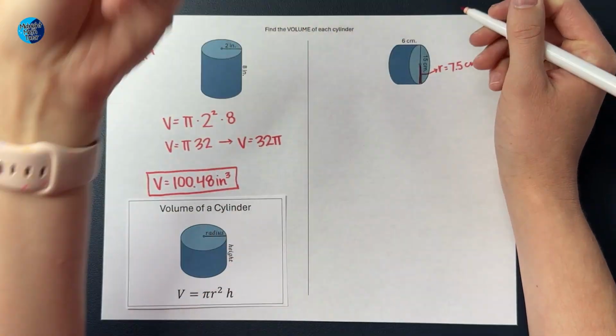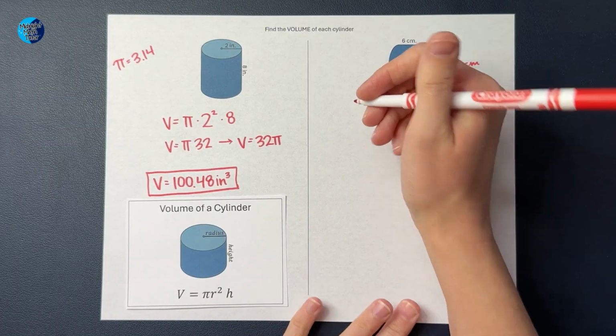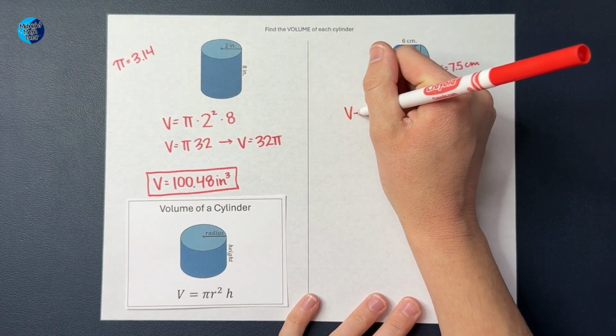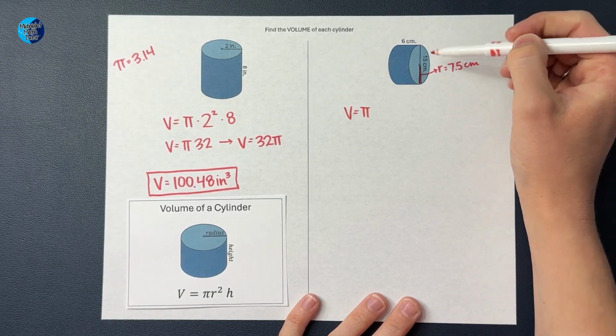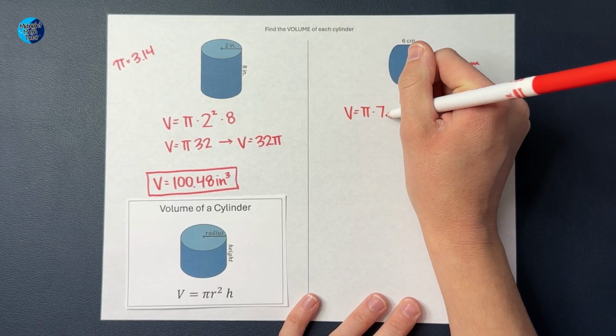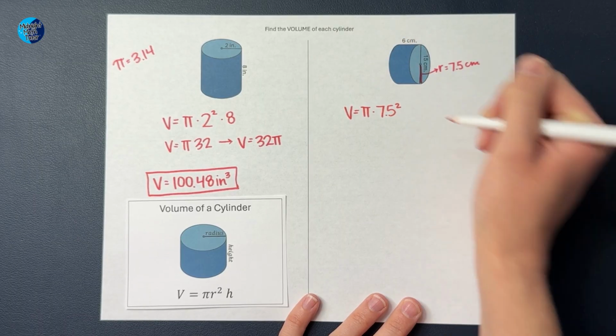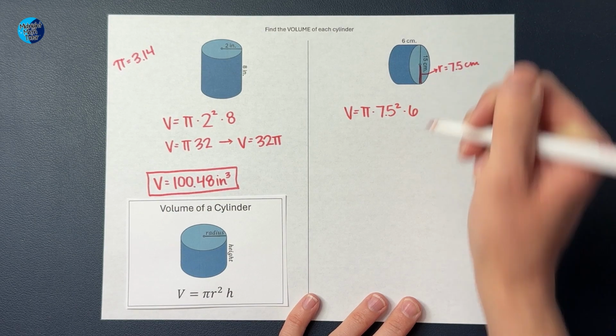This one's on its side, but that doesn't really matter. We're going to do the same thing. So my volume is going to be pi times my radius, which is not 15, it's 7.5. So 7.5 squared times my height, which is 6.